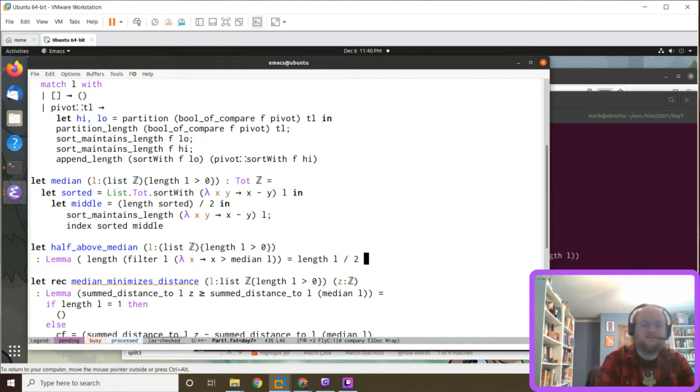except this isn't a true fact. That would have to be greater than or equal to. Unfortunately, I'm not really sure I have any good way to prove that either.